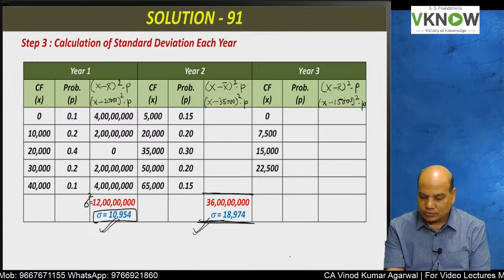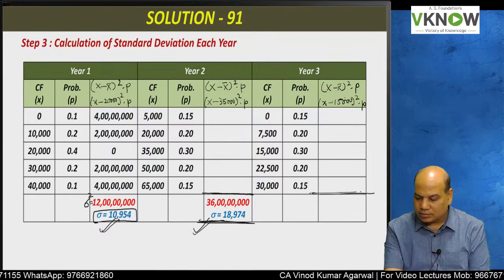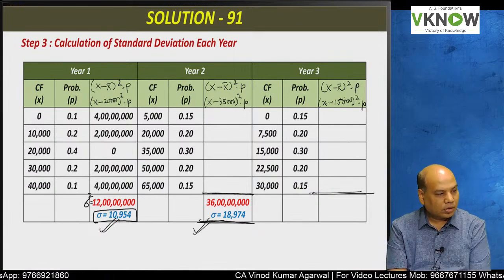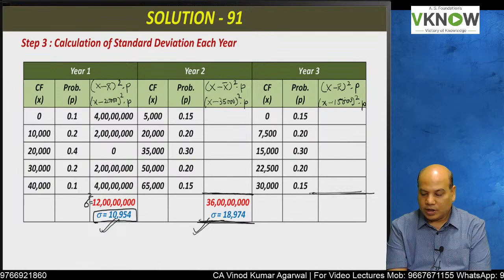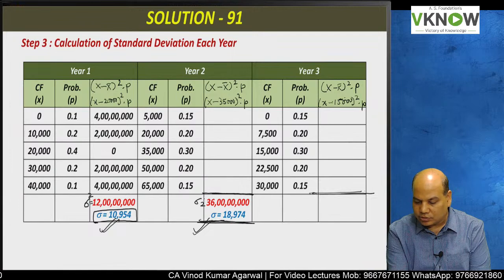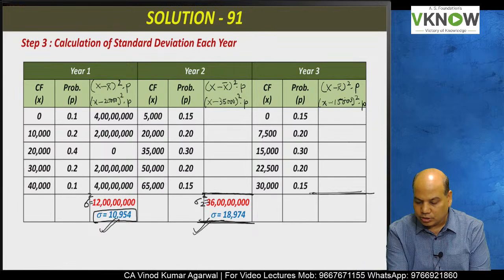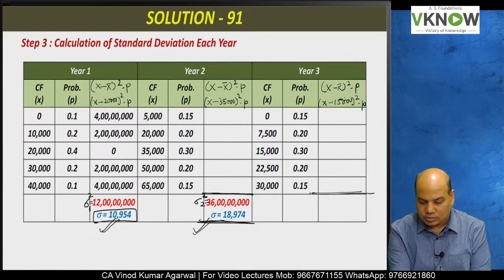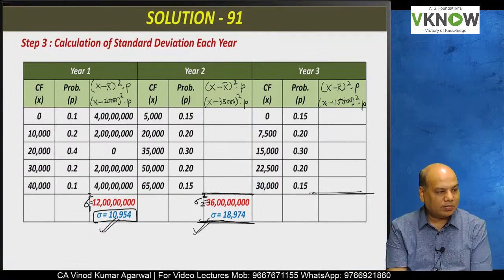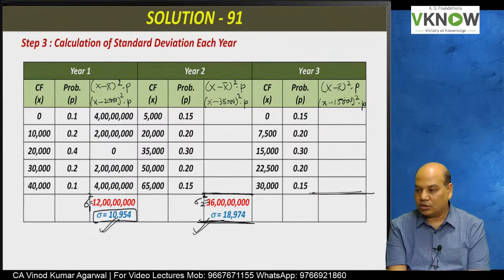Take the square root and you will get the standard deviation. 36 crore is sigma square of the second year, sigma 2 square, which means the second year variance. Now please try the third year and give me the total.